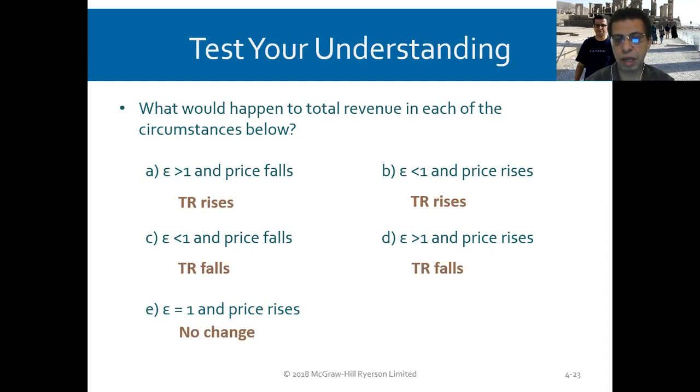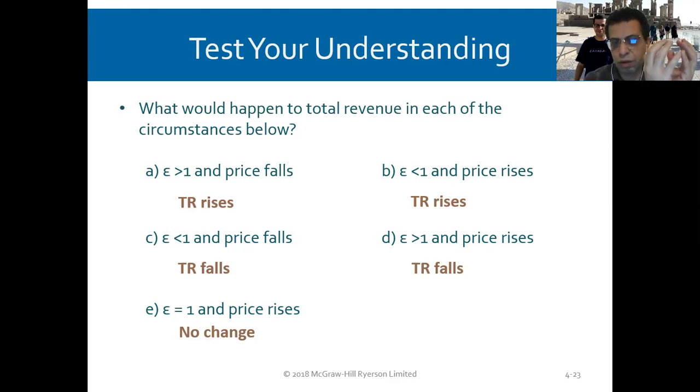So in the first case, it is higher than one. In the second case, it is less than one. In the third case, it is less than one and the price is falling. So we have four combinations, and then you add the fifth one, which is elasticity equal to one.